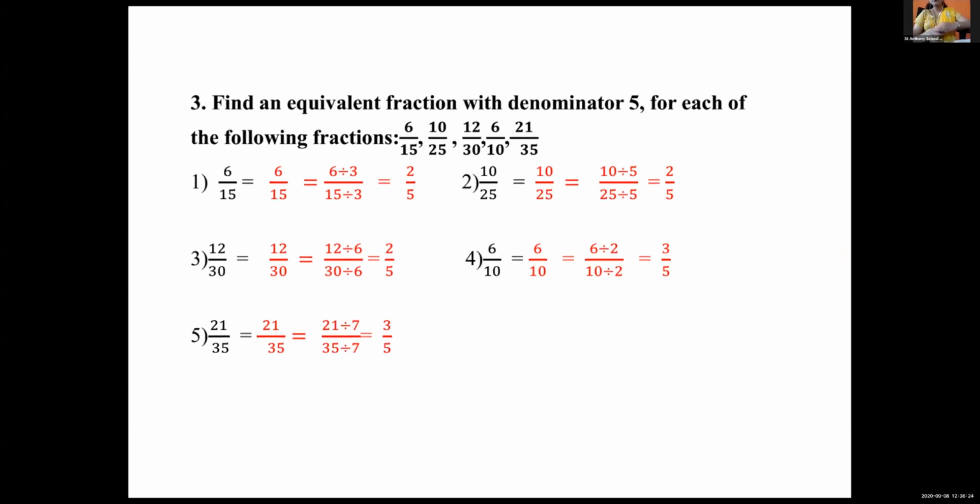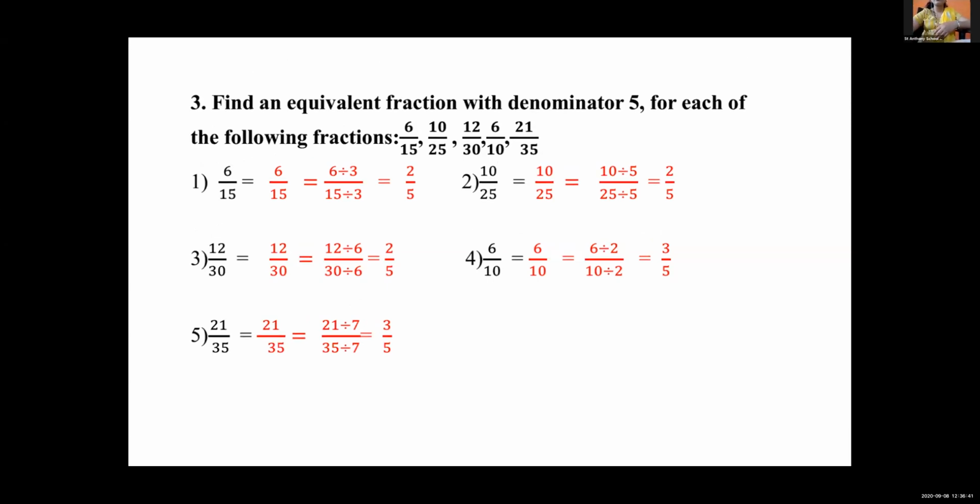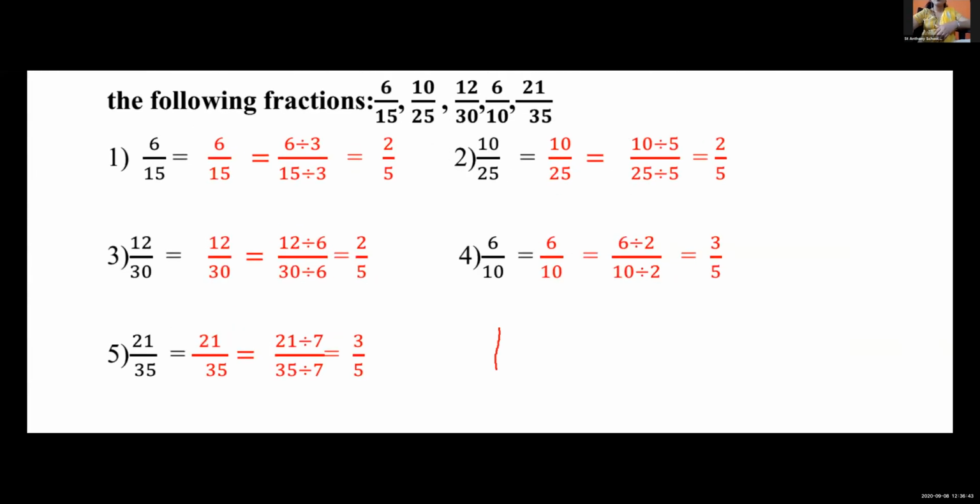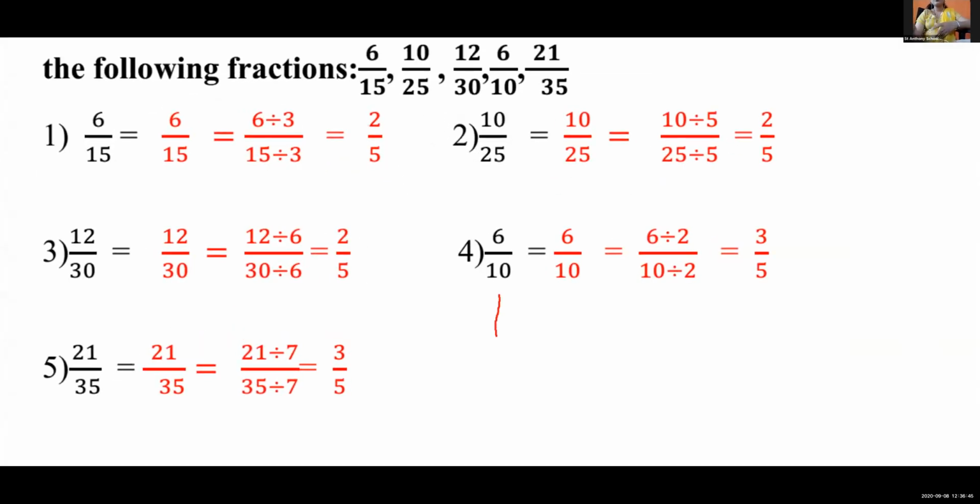Okay, हमें फिर से कुछ फ्रैक्शंस दिए. We have to find the equivalent fraction with the denominator 5. Now we want the denominator 5. हमें अभी कौन सा डिनोमिनेटर चाहिए? 5. Okay, so we'll take the first one. 6 upon 15.